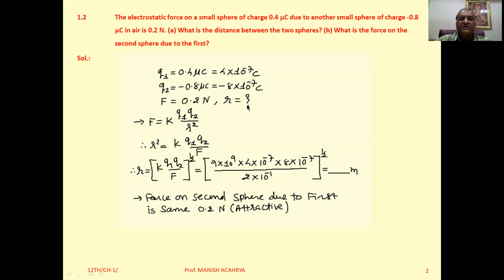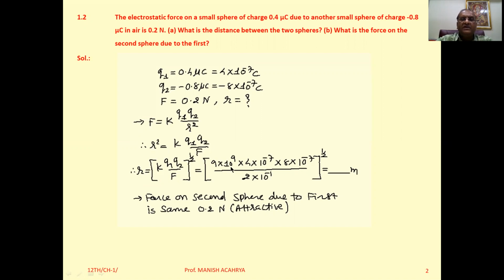And what is the separation between these two that we want to find? Here magnitude of the force as per Coulomb's law, that is K Q1 Q2 upon R square. So R square equal to K Q1 Q2 by F. So R that is equal to K Q1 Q2 by F whole raised to 1 by 2. Now substitute the values.